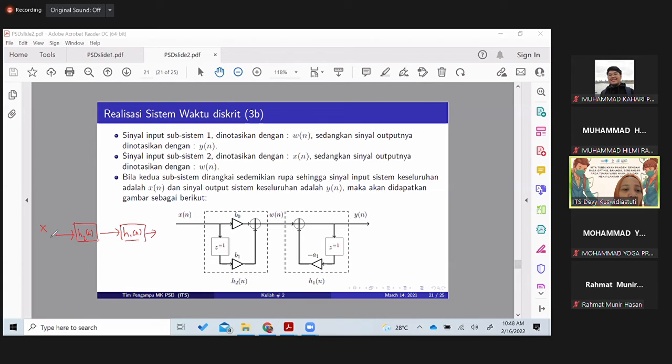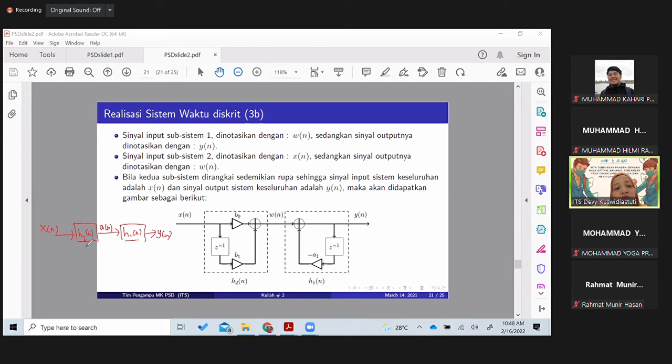The input of H2n is xn, and the output of H2n would be wn. The wn signal will be the input of the first subsystem H1n, and the output would be yn.